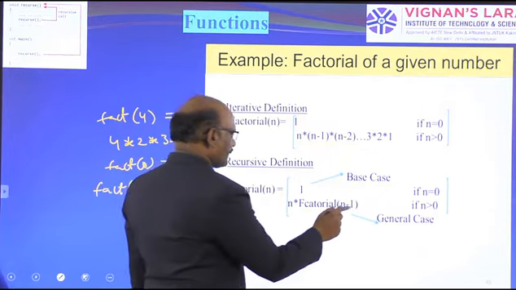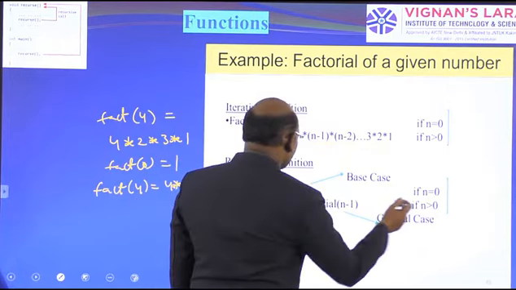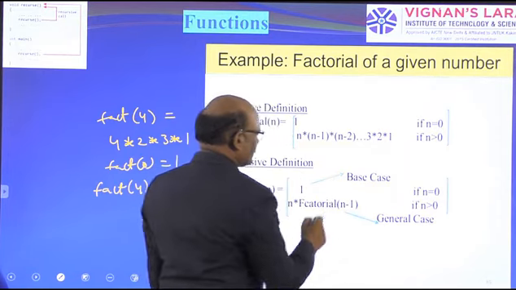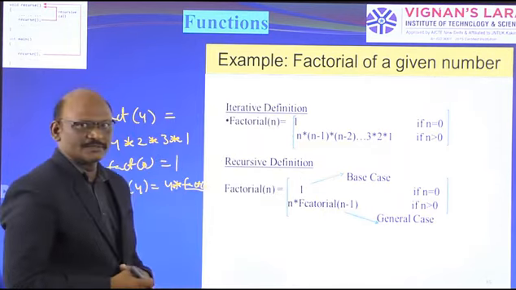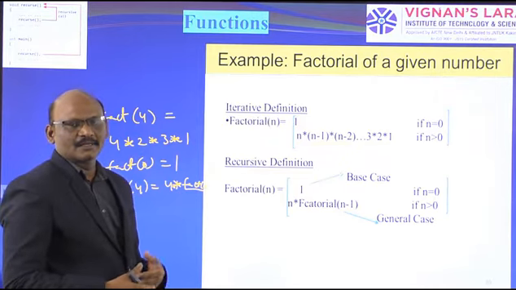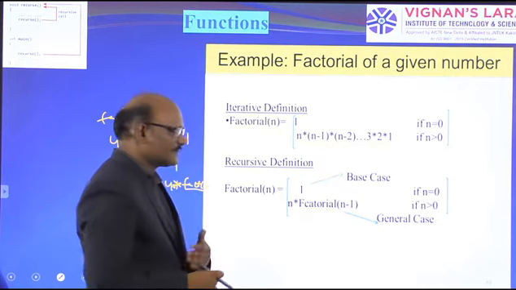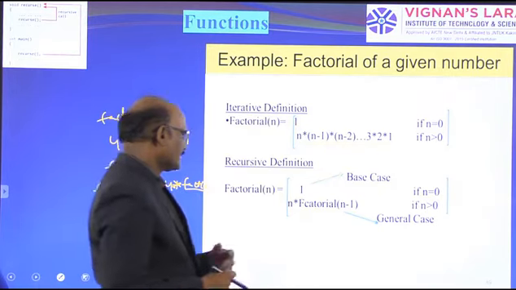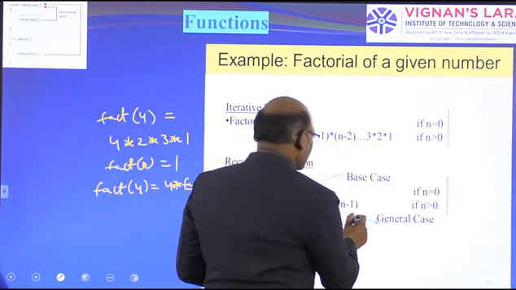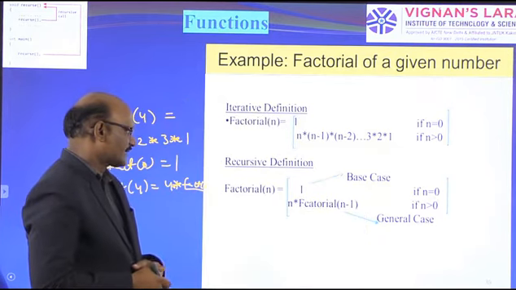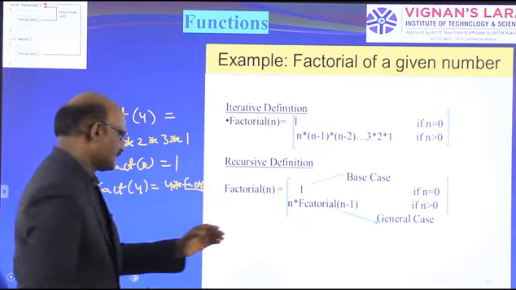If n is equal to 0, it is 1. That is the base case. The base case is used for stopping the calling of the function. The general case will be repeatedly executed. So there are two cases for a recursive function: one is the base case, another is the general case.